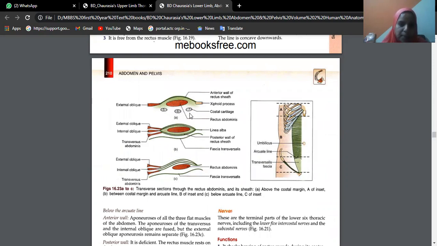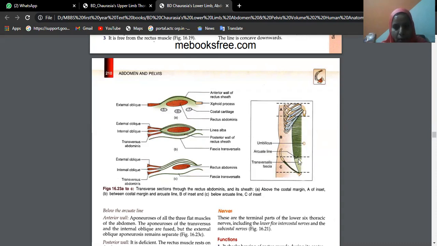Okay, from the ribs. Now see, between the costal margin and the arcuate line, the contribution of rectus sheath anteriorly is the external oblique aponeurosis and the anterior lamina of the internal oblique aponeurosis. Posteriorly, it is formed by the posterior lamina of internal oblique and the aponeurosis of transversus abdominis.